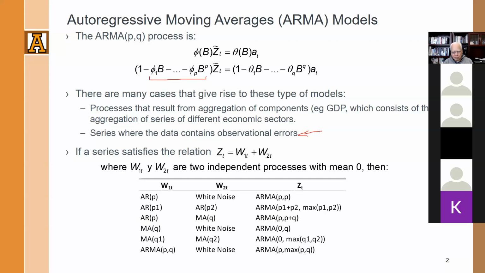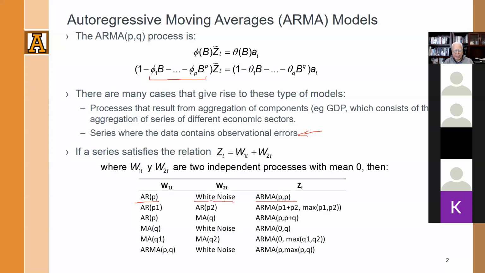So this is another form in which these ARMA processes arise. For example, if W1_t is an AR(p) model and W2_t is white noise, then we have an ARMA(p,p). That is, the moving average component is of order p. So adding an AR(p) with white noise gives us an ARMA(p,p).